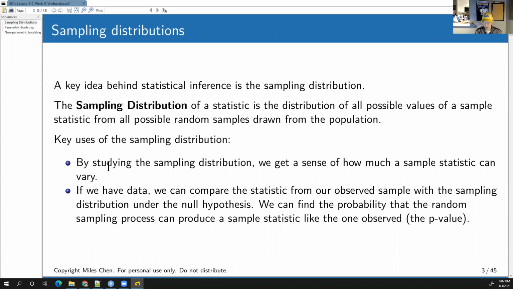The idea is that when we look at the sampling distribution, we get a sense of how much the particular sample statistic can vary from one sample to another. And if we have data, we can compare the sample statistic from our observed sample with the sampling distribution if the null hypothesis were true. Based on that, we can figure out a p-value and then perform statistical inference in that way.